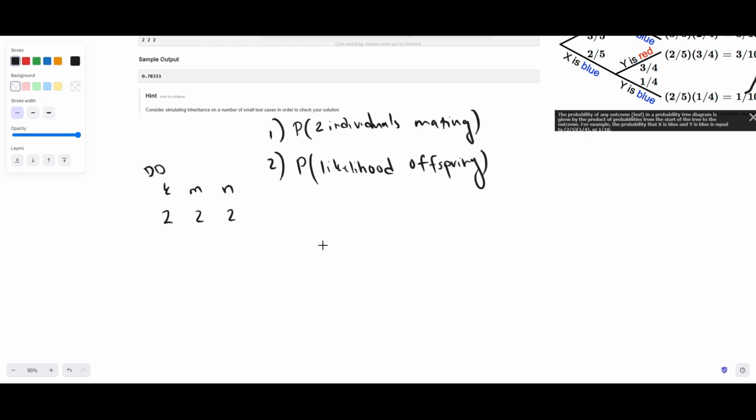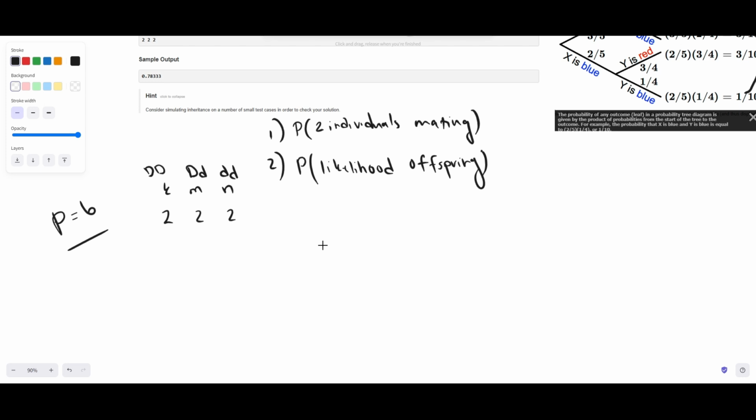Using our representations, m is heterozygous dominant, and n is homozygous recessive. For the sake of this working example, we can turn this into a smaller sample size. It doesn't really matter, but the population size equals 6.